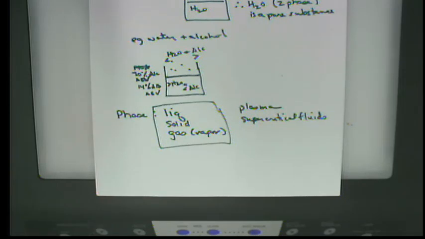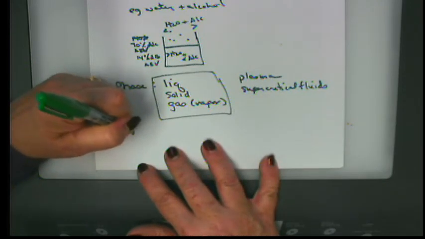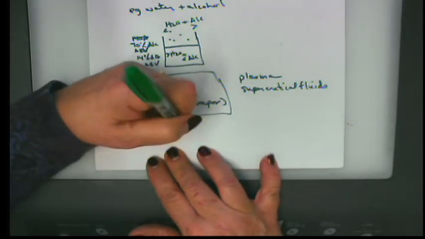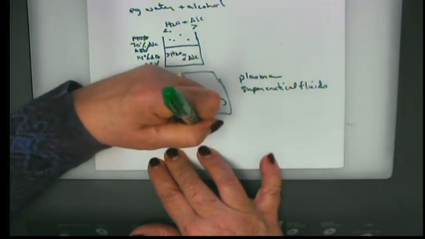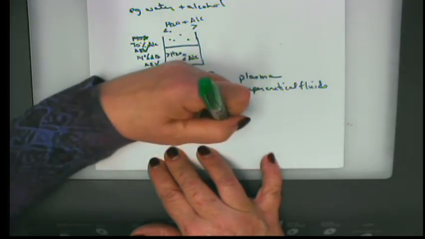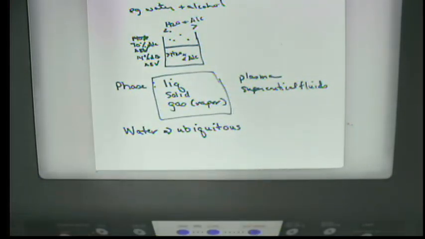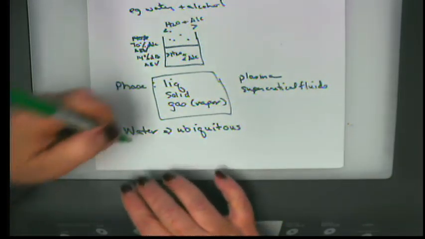Water is our go-to substance for many reasons. One is because it's just everywhere, it's so common, or the word I would choose would be ubiquitous, which just means everywhere. Water is ubiquitous, and we use it for everything, so we analyze water quite a bit.